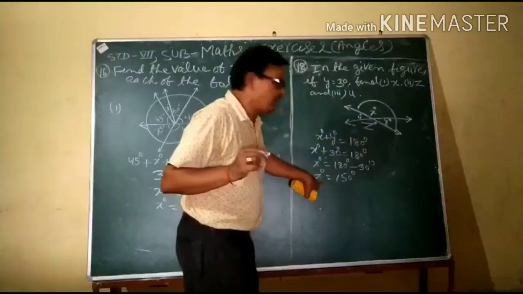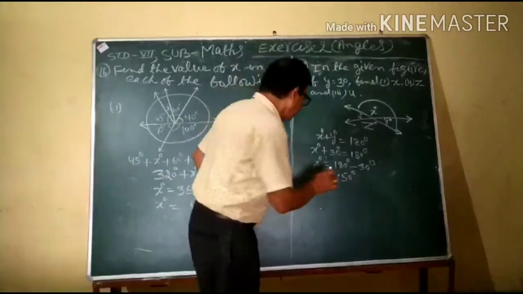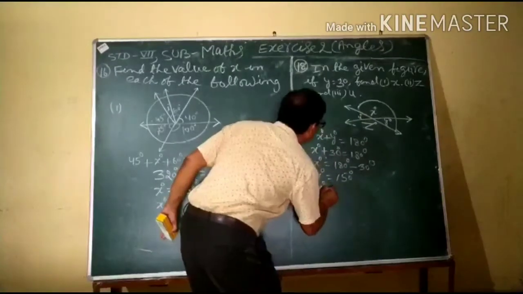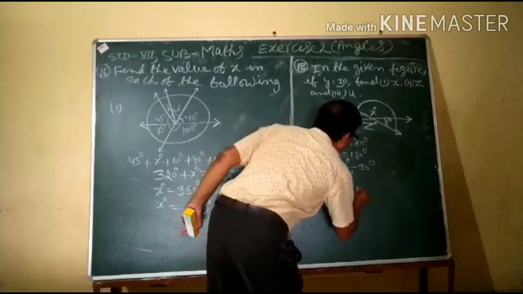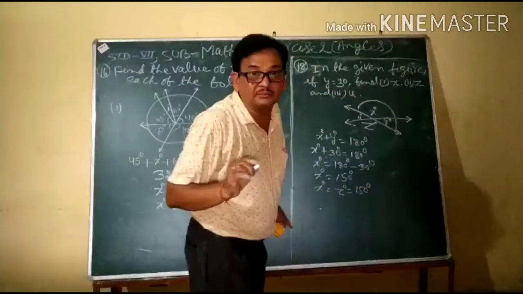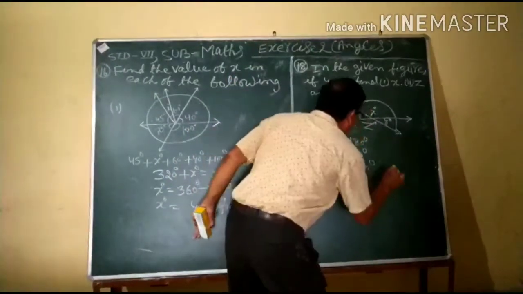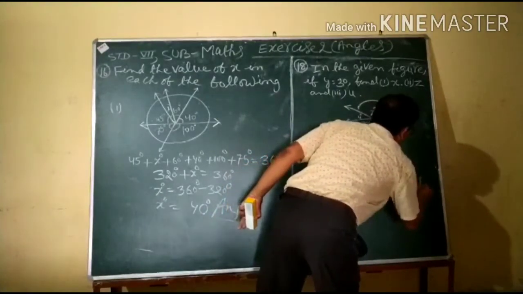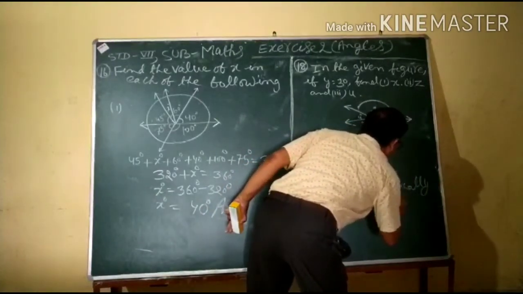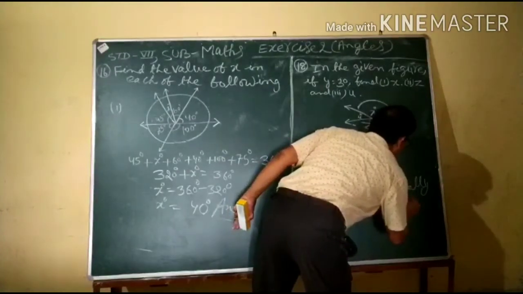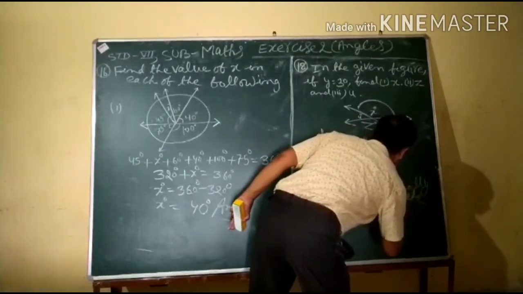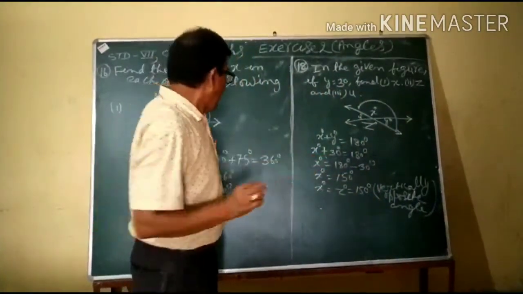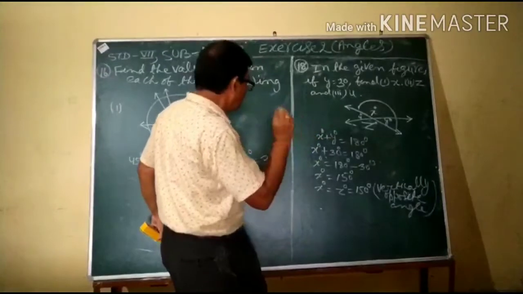X is equal to 150 degree. So x degree is equal to z degree is equal to 150 degree. What is the reason? Do you know? Vertically opposite angles are equal. If vertically opposite angles are equal, then u is equal to y.